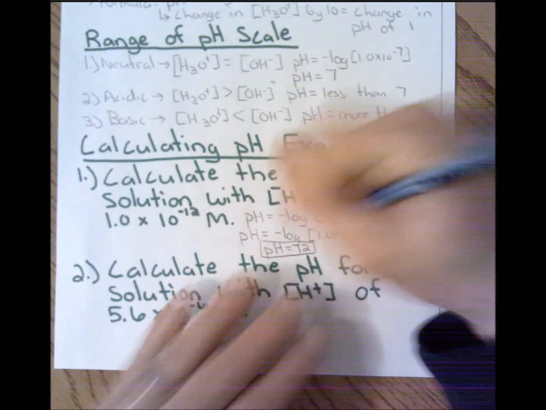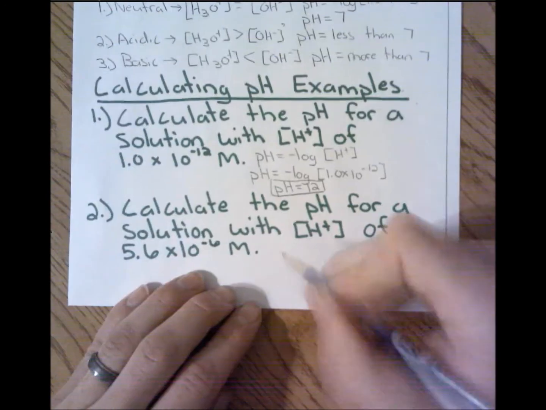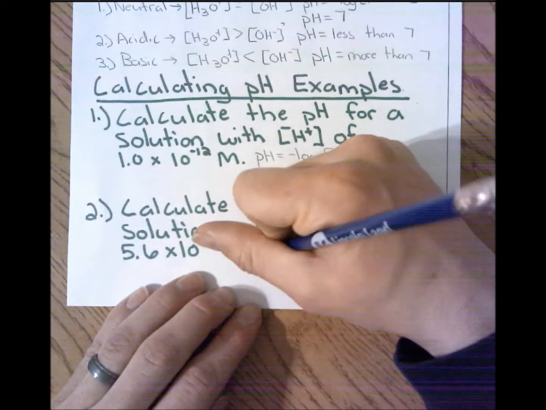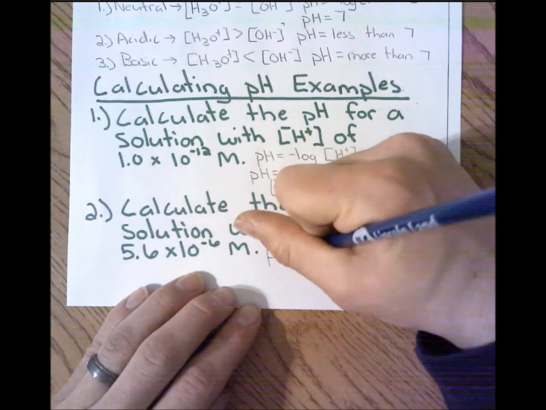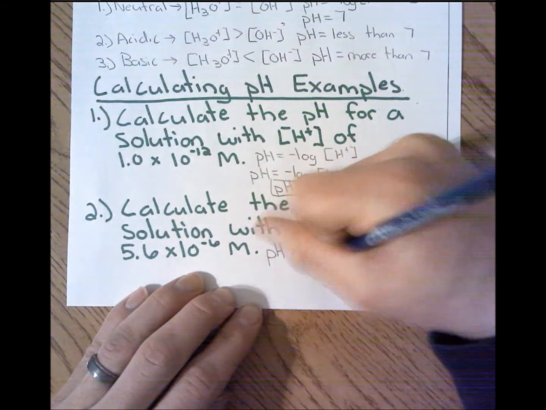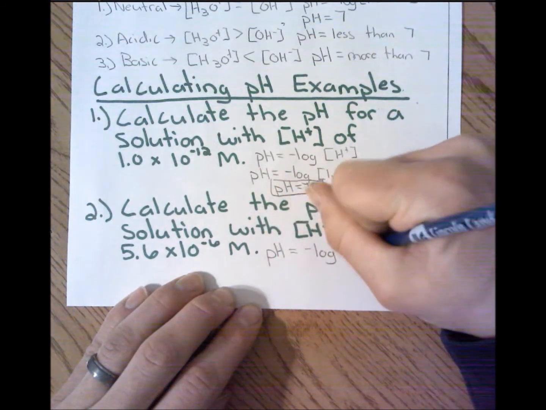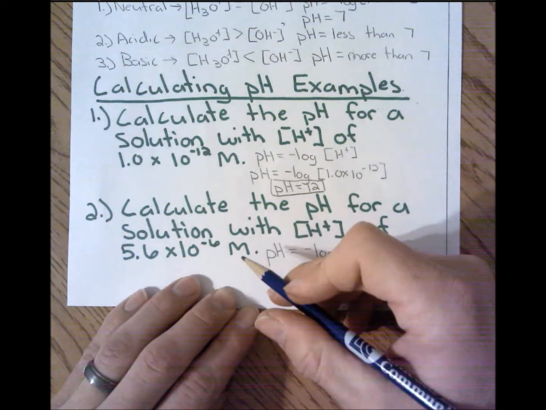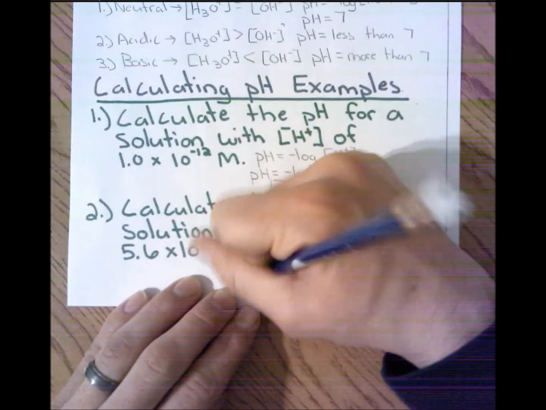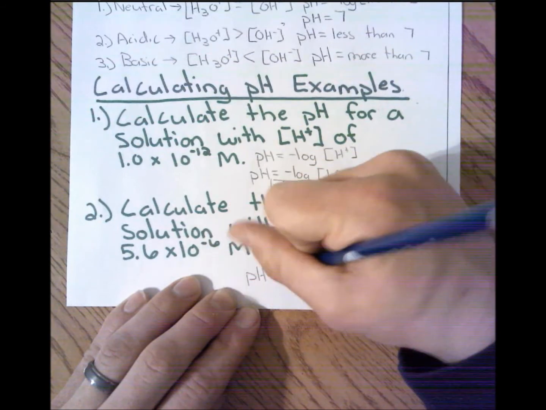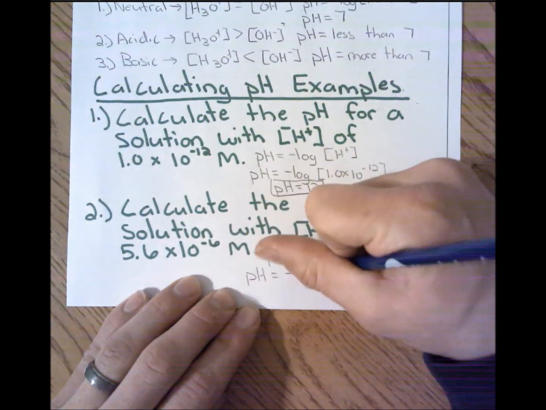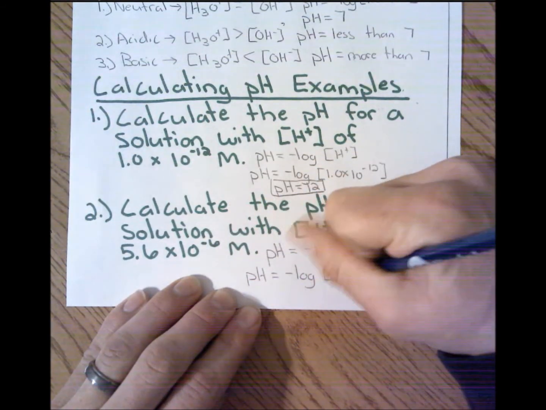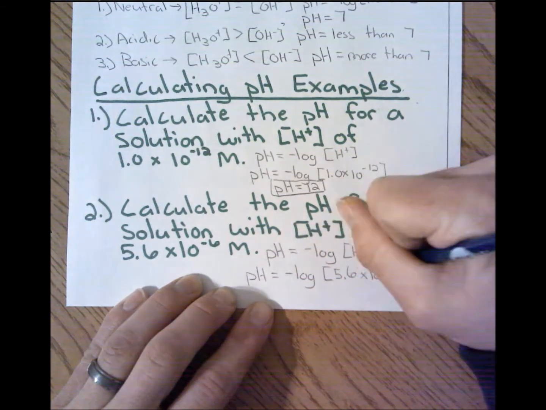And so we can do the same thing for this problem down here. And so we have a pH is equal to the negative log of the H plus concentration. And so all I need to do is insert what are the values for H plus. So the pH for my H plus is negative log of 5.6 times 10 to the negative 6.